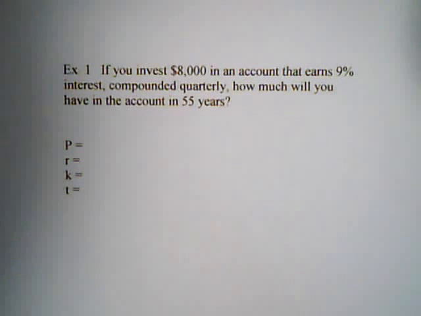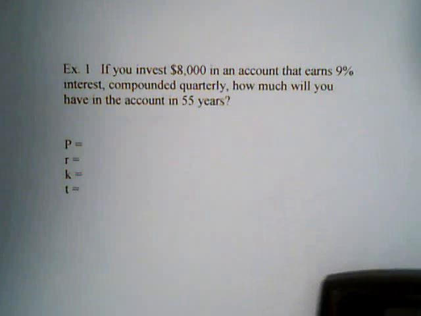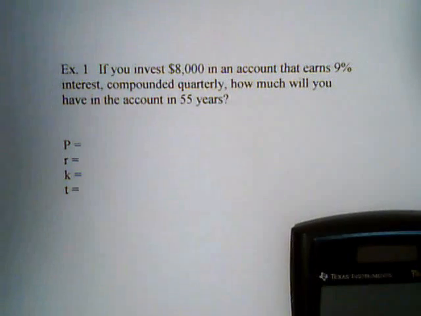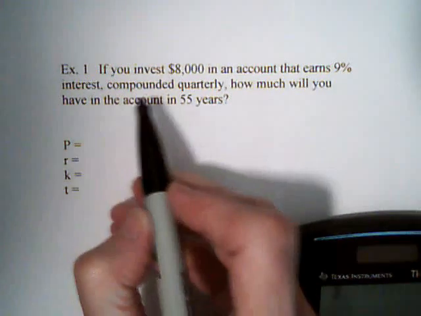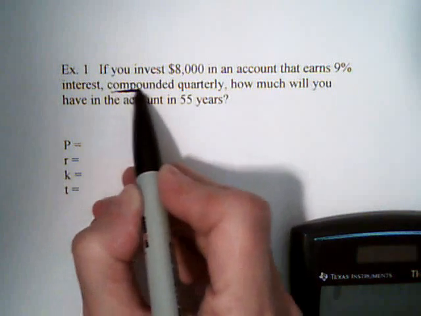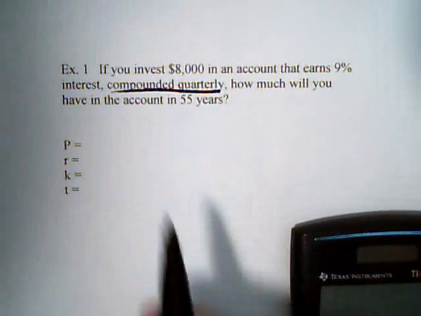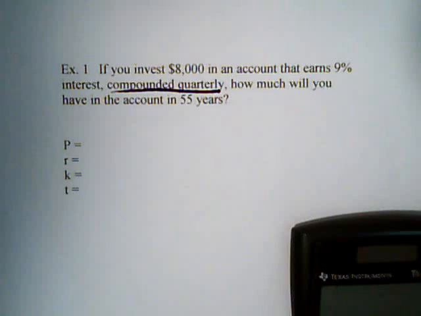Alright, we're going to take a problem, and we're going to be using our scientific calculator. Let's read the problem first. If you invest $8,000 in an account earning 9% interest, compounded quarterly, how much will you have in the account in 55 years? Now my clue that I'm going to use this formula is because it says compounded and gives me a number of times, quarterly.